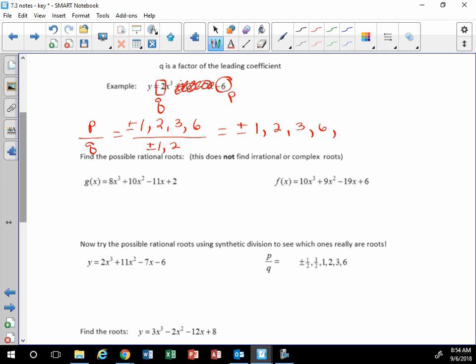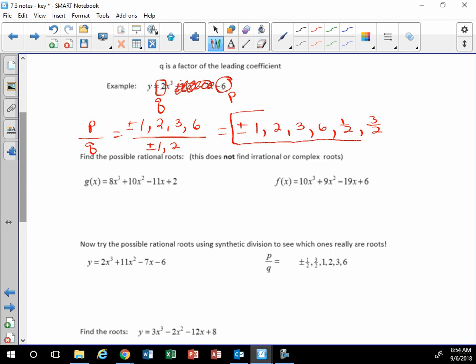And then I start over again, putting them with 2 as the denominator. So I'm going to have 1/2. 2 halves, that's just 1, right? So do I need to list it again? No. Okay. 3 halves I need. What about 6 halves? No, I already have that. Okay.